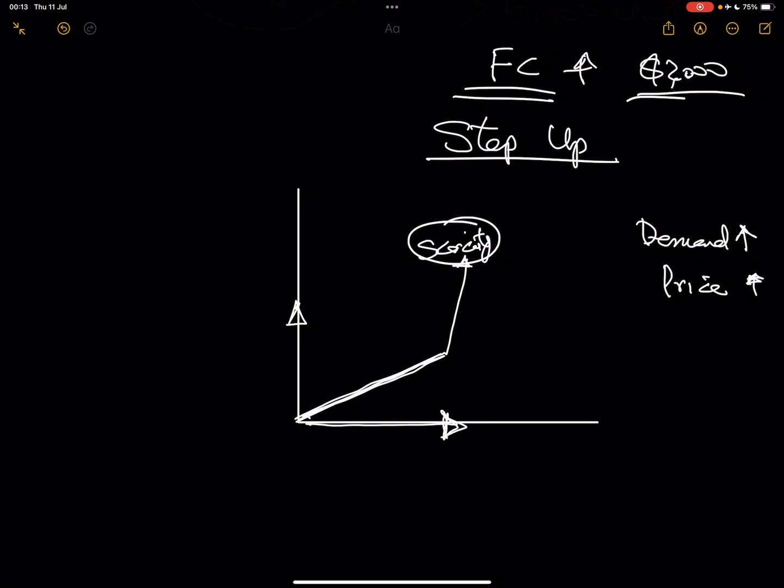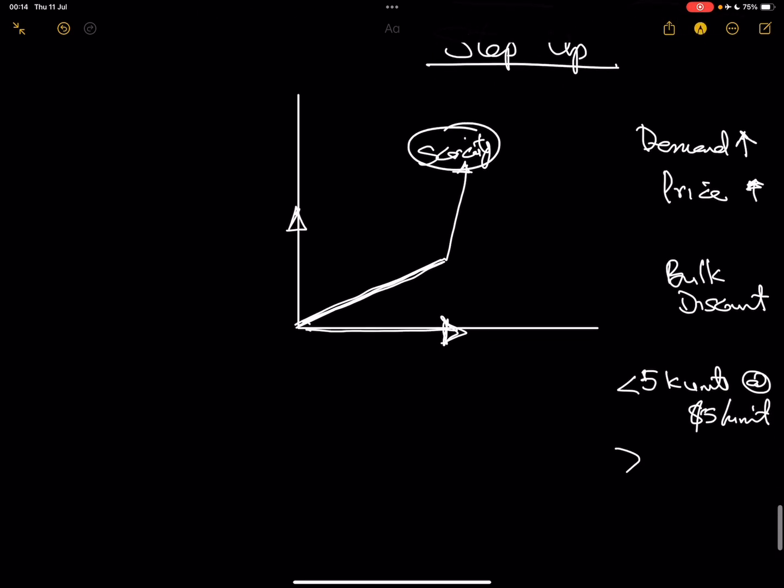However, if there is no scarcity, but maybe there is what we call the bulk discount. What is bulk discount? Bulk discount is just, for example, when a seller says, if you buy less than 5,000 units, I will sell to you at $5 per unit. But in order to encourage you to buy more, they'll say, if you can buy more than 10,000 units, I will sell to you at $4 per unit.